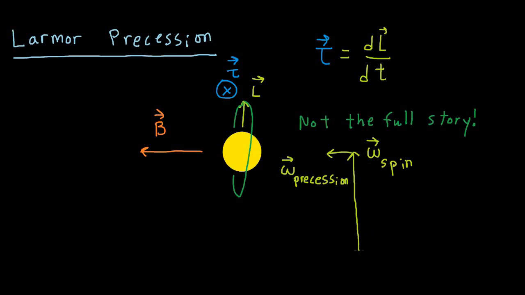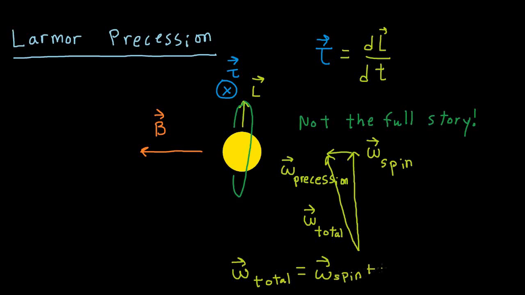So the total direction along which the electron is rotating is this direction, which I'll call omega sub total, where omega total equals omega spin plus omega precession.